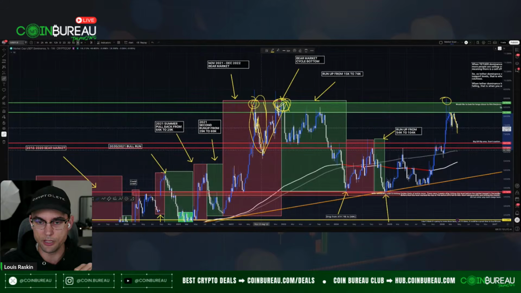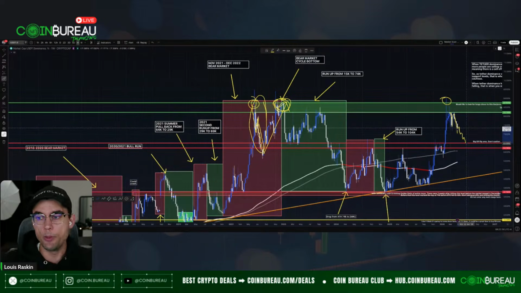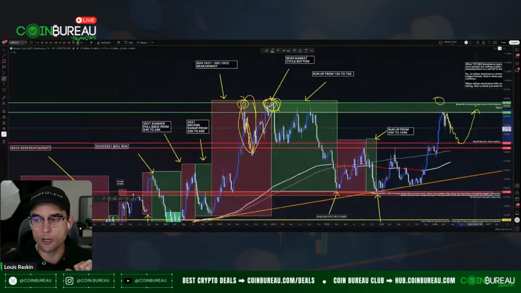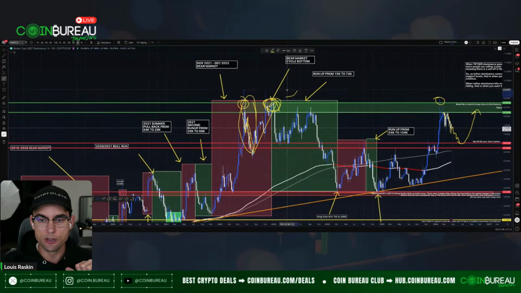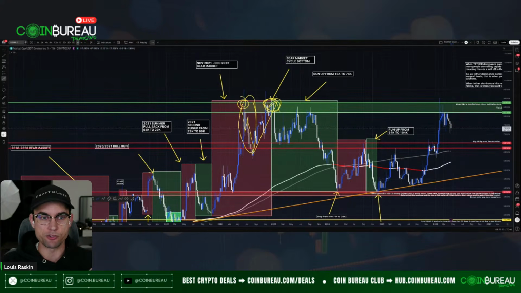And then hopefully this USDT dominance continues to go down, alts, Bitcoin, and the like continue to move up, and then it turns around, everything crashes, we get a huge crash, it comes back up to this area where the previous bear market low occurred, and then we have the low for the cycle. The low for the cycle is in, and then Bitcoin rallies up to $250,000 as USDT dominance comes down. I hope this makes sense to you guys, but this is my overall thesis, right?